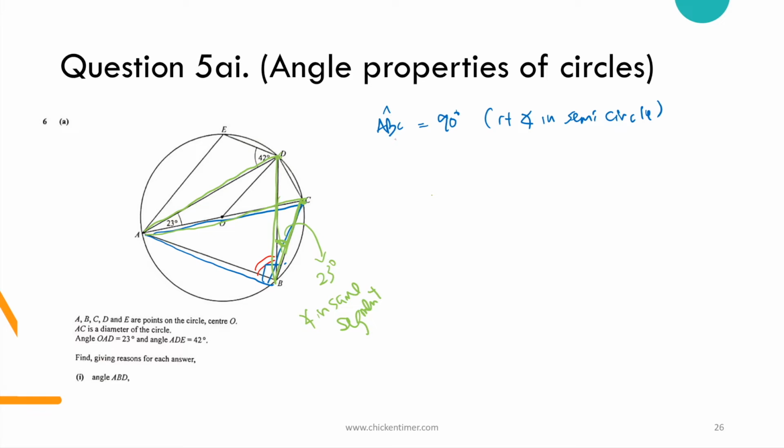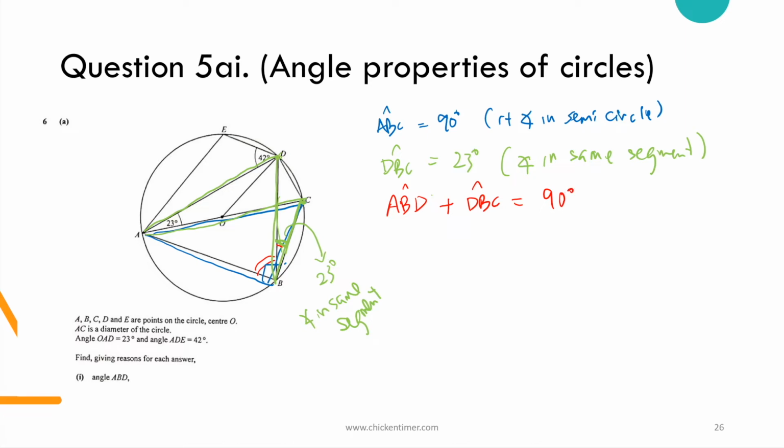So angle DBC is 23, angle in same segment. So then ABD here plus the small green one, which is DBC, will give me 90 degrees because it's a right angle.